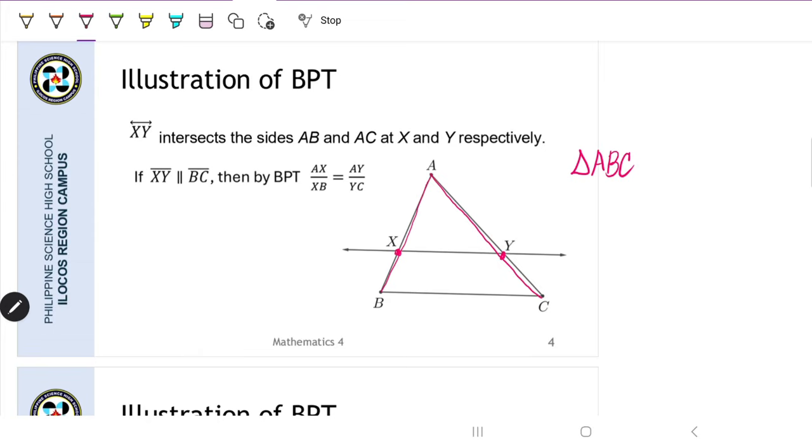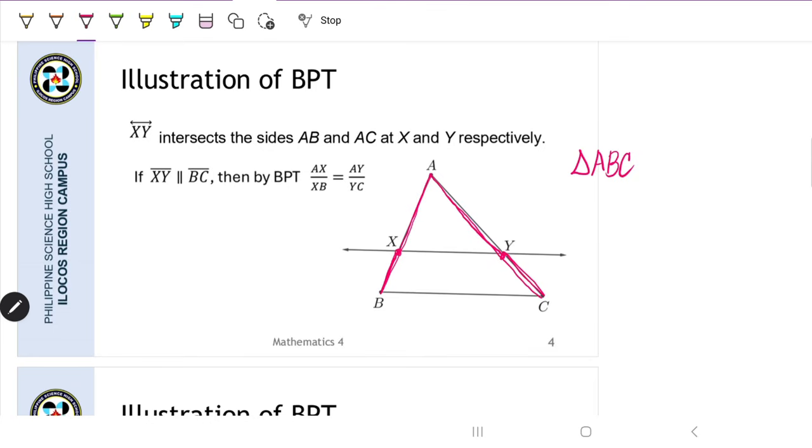This means that side AB is now divided into two parts, AX and XB, and at the same time side AC is divided also into two parts, AY and YC.